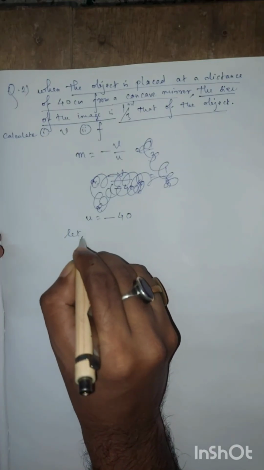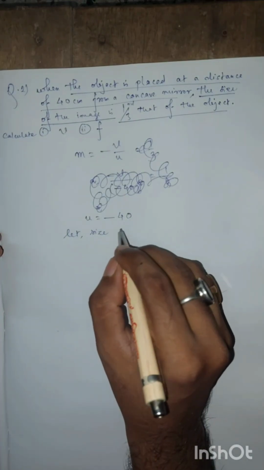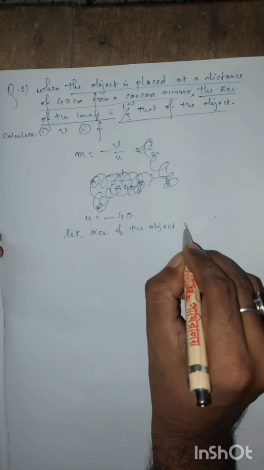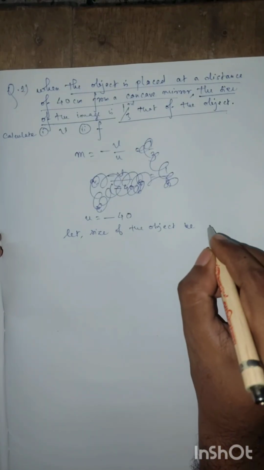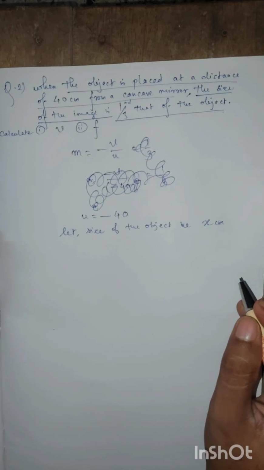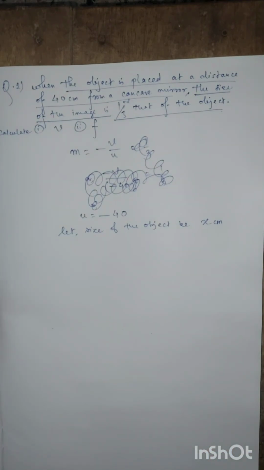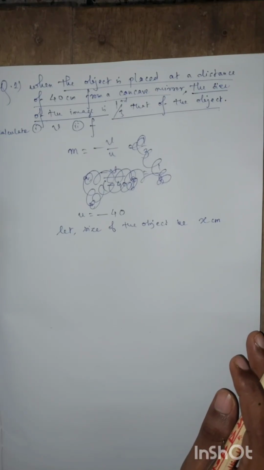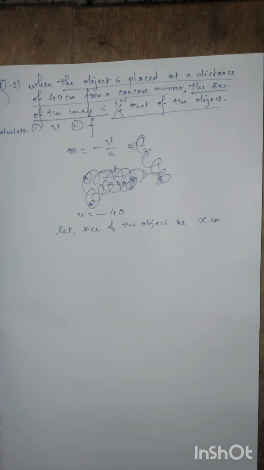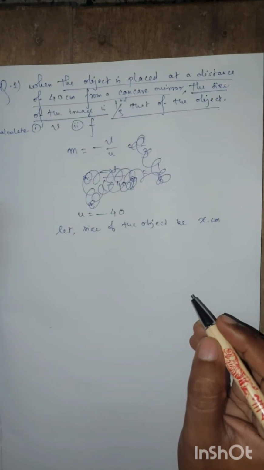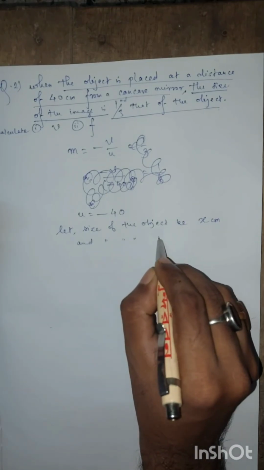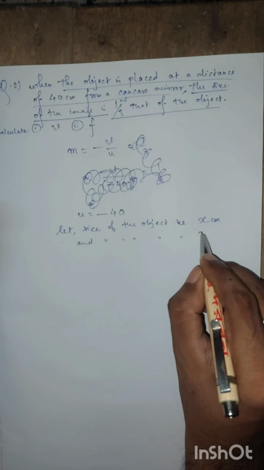So let size of the object be x centimeter and size of the image be x by 3 centimeter.